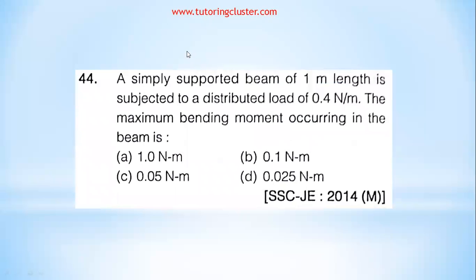Question 44. A simply supported beam, 1 meter length, subjected to distributed load of 0.4 Newton per meter. The maximum bending moment occurring in the beam is. So we have seen this maximum, I think it is WL square by 8.